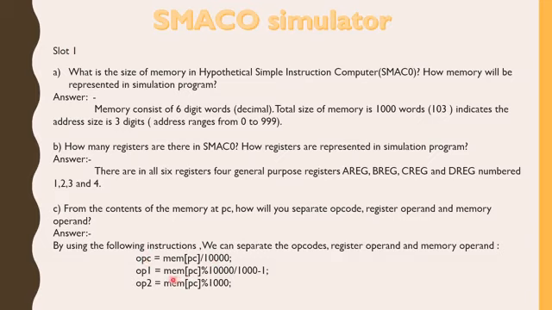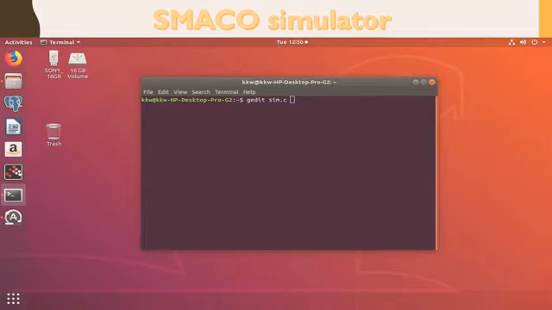Then, whatever remains, we will mod by 10,000, and again divide it by 1000 and subtract 1. That will give us the register operand. And then by taking mod by 1000, we will get the memory operand. So this is how we can separate it out into the 3 different parts.